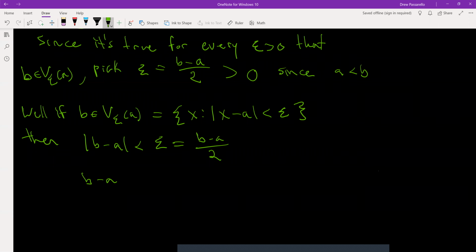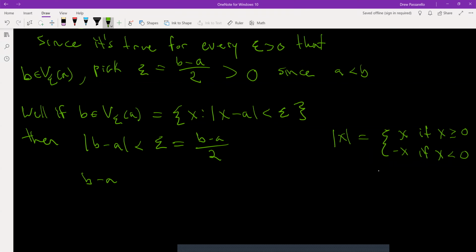The absolute value of b minus a is less than epsilon, and the epsilon is b minus a over 2 that we picked. Well, the absolute value of x is equal to x if x is greater than or equal to 0, and negative x if x is less than 0.